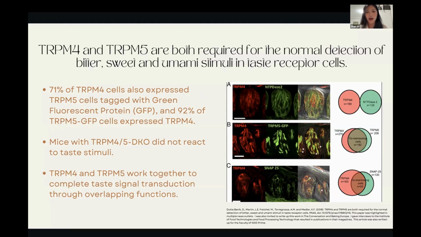They're overlapping by 71% for TRPM4 and 92% for TRPM5. And mice without TRPM4 and TRPM5 did not react to taste stimuli, which shows that both are needed in order for the mice to taste bitter, sweet, and umami taste stimuli. TRPM4 and TRPM5 work together to complete taste signal transduction, which was the conclusion drawn from my research.